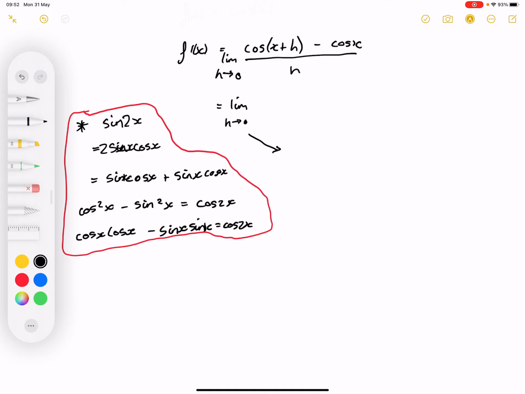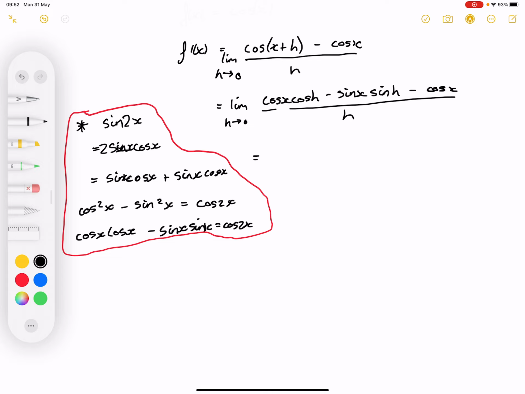We don't need to, we can just continue that line. So cos x plus h, using our form that we've just written, will be cos x times cos h minus sine x sine h minus cos x all over h.